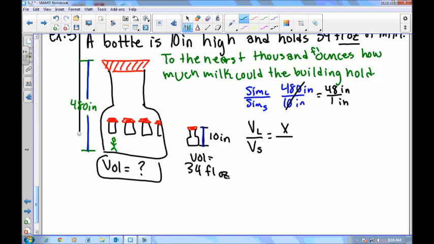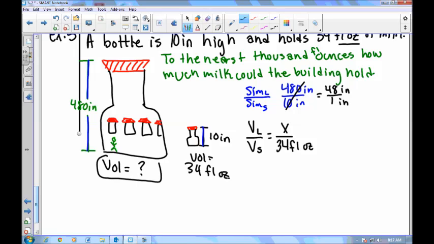Do we know the volume of the small? Okay. Well, shoot, we don't know the numerator. Our end goal is to find the volume that could fit inside the big one, the building. How can we find that?